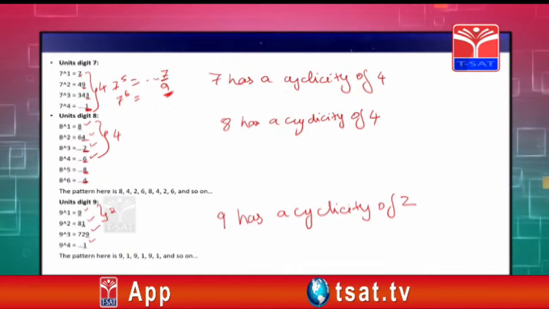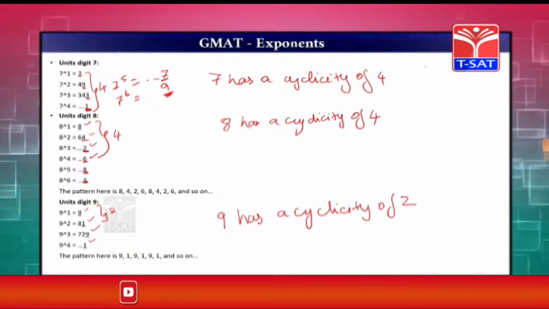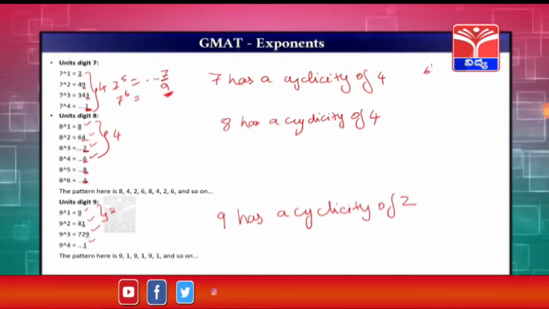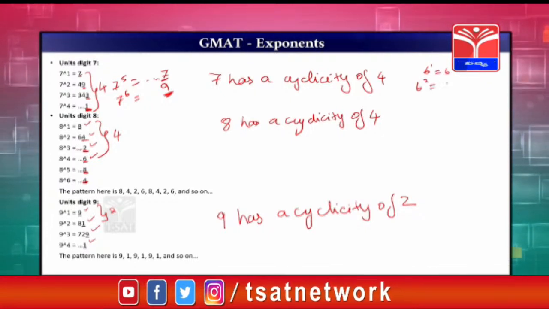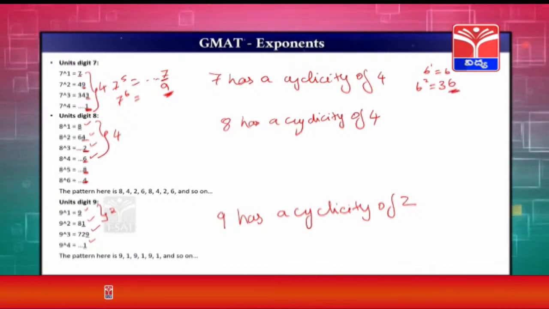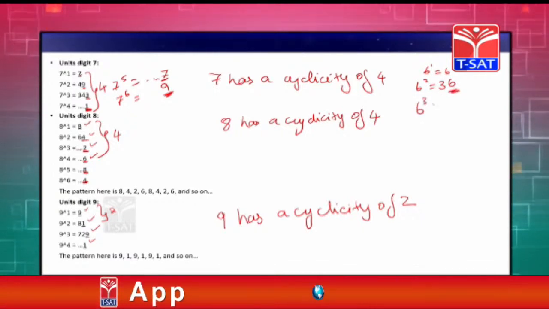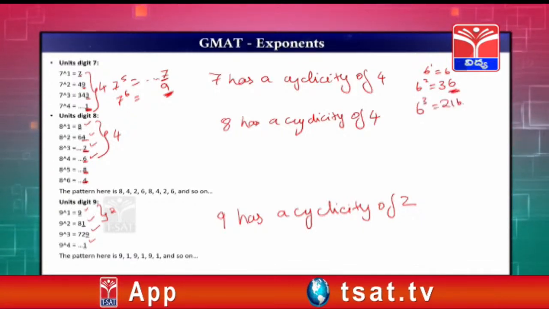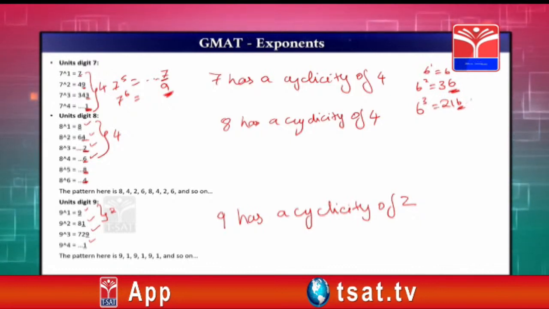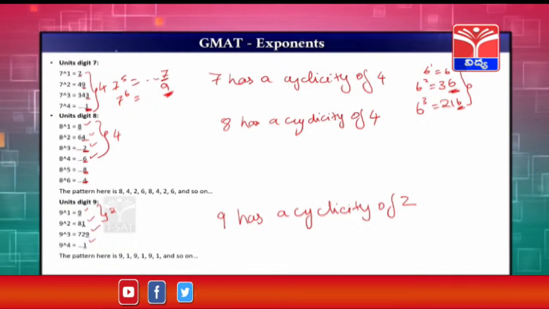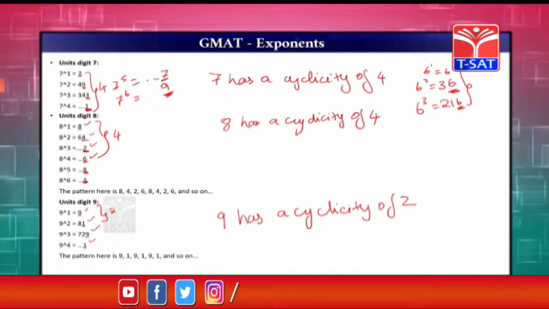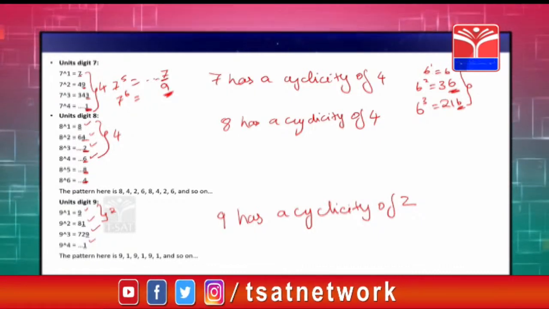We haven't checked 6, so let's look at what happens when the units digit is 6, or 5 for that matter. 6 to the power of 1 is 6, 6 squared is 36. Look at the units digit again, 6. 6 cubed is 216, and the units digit is again 6. So 6 has a cyclicity of 1. You raise 6 to any power, and your units digit is always going to be 6.